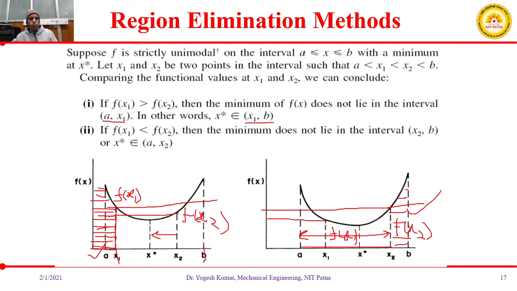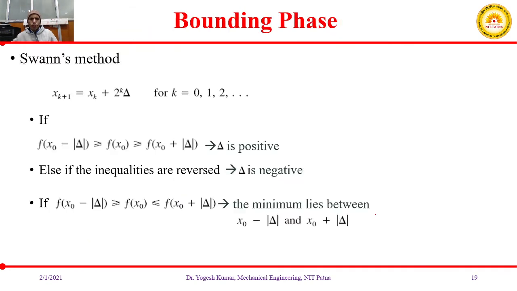Suppose we started with this function f(x), and we could see that in the first case our solution will lie between x1 and b. This may not be the most appropriate description, but this is a kind of bounding phase, where our solution is bound between the points x1 and b. Similarly, in this case, the bounding range was from a to x2.